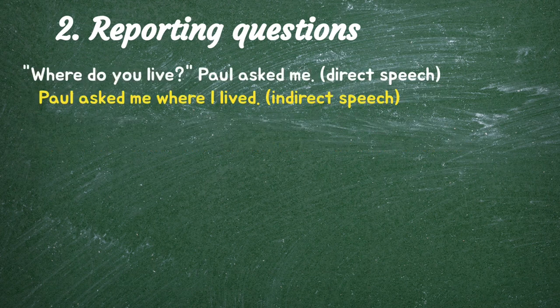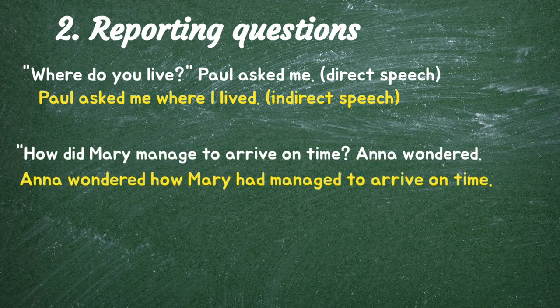Now, "Where do you live?" Paul asked me. Paul asked me where I lived. "How did Mary manage to arrive on time?" Anna wondered. Anna wondered how Mary had managed to arrive on time.